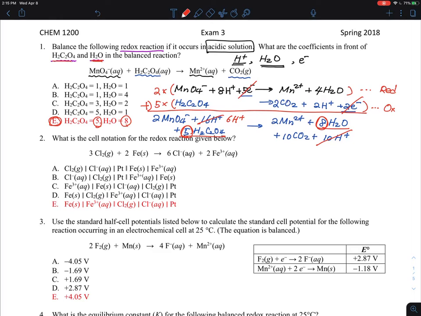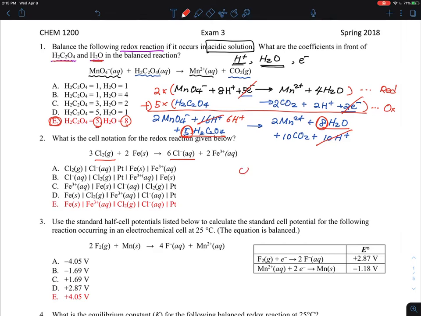And this one shows the reaction, number 2, which asks for the cell notation for the redox reaction given the following. As you can see here, chlorine is actually reduced into the chloride ion.